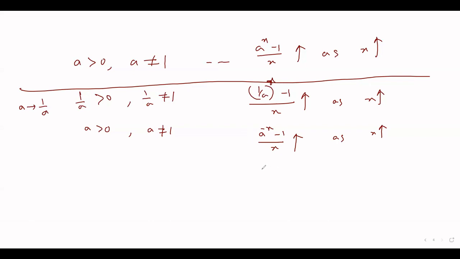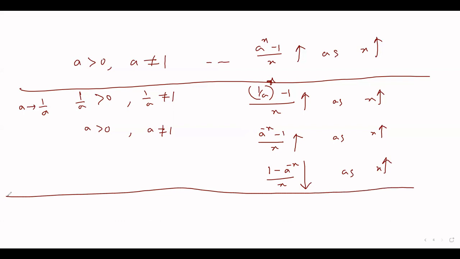So which would mean if I multiply by minus 1, to take the negative of the expression, then 1 minus a to the power minus x by x decreases as x increases, right? Now modify further, replace x by 1 over x.